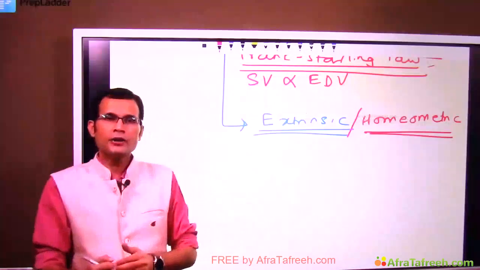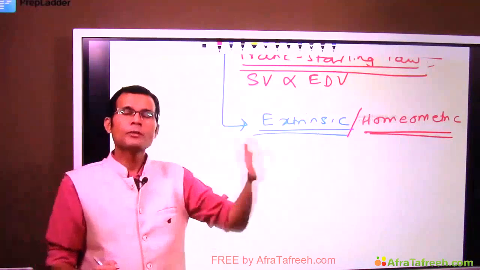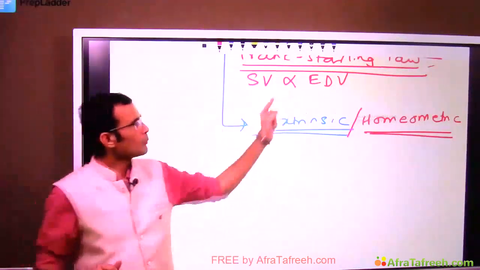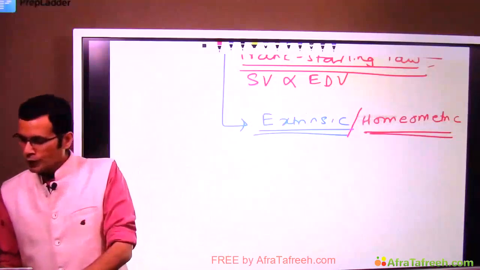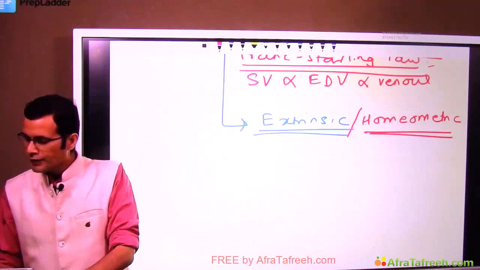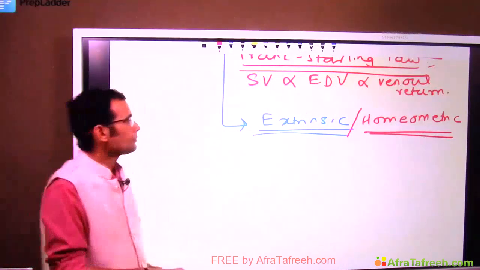Greater the end diastolic volume means more will be the stroke volume in the next systole. So stroke volume is proportional to the end diastolic volume, which in turn is proportional to the venous return. Venous return.